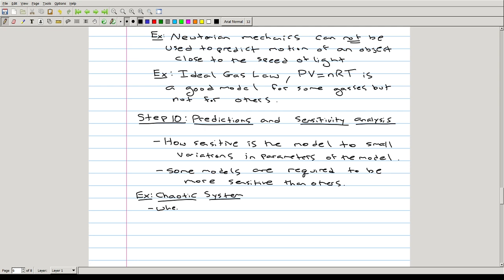When the evolution of a system displays high sensitivity to initial conditions, to its parameters, the system is said to be chaotic.